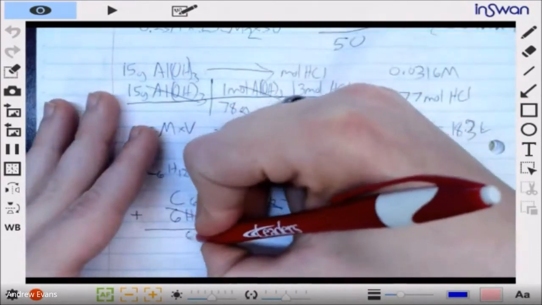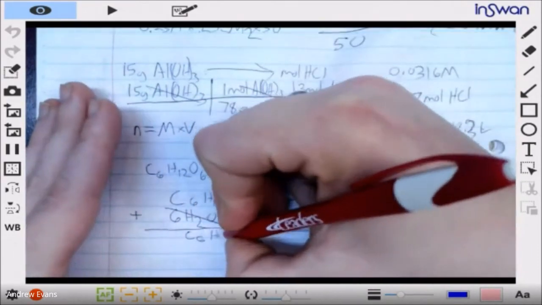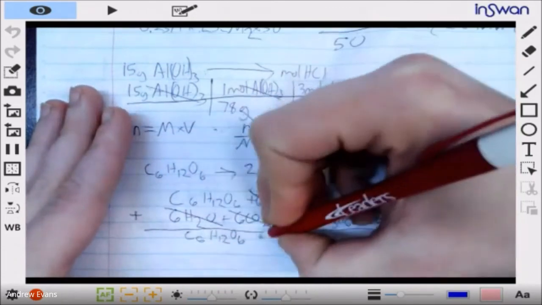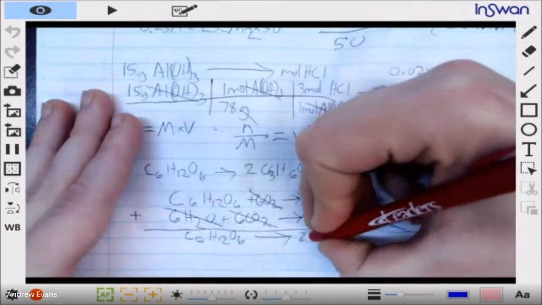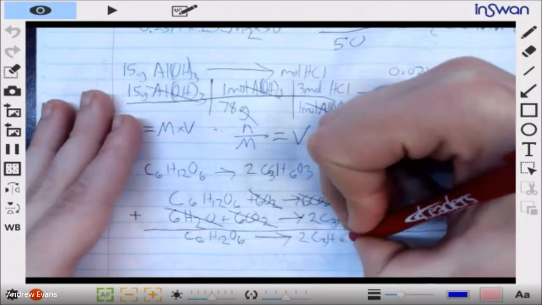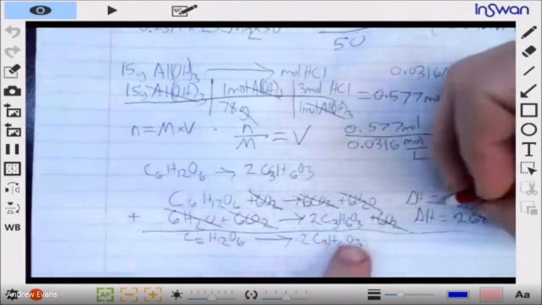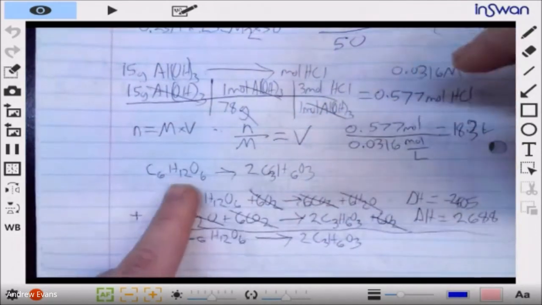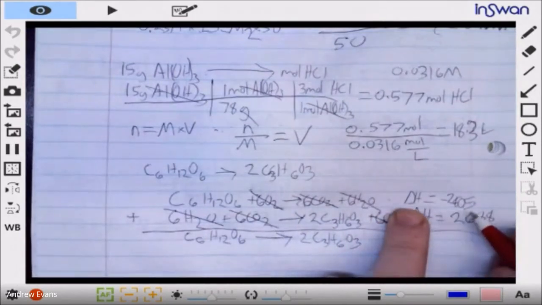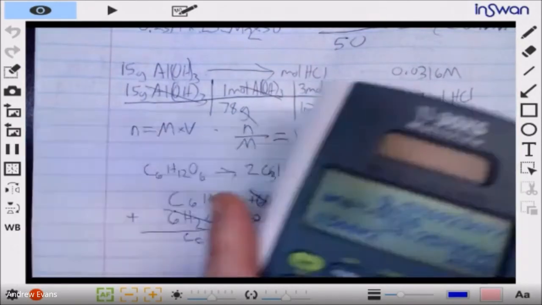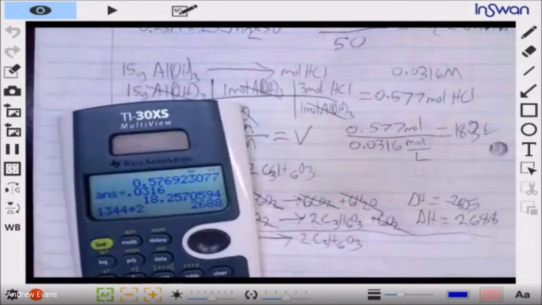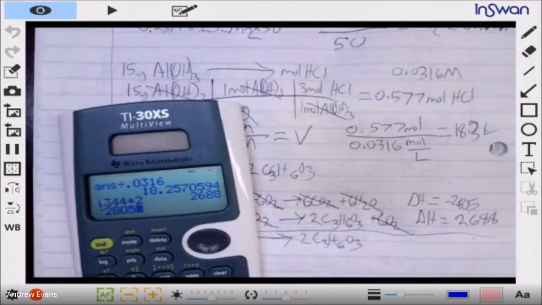So the overall equation is C6H12O6 goes to 2C3H6O3. Now, as I've added both equations together, I have to add both of my delta H's together. So negative 2805, and we add 2688 to it.